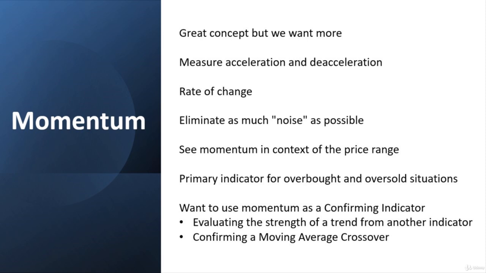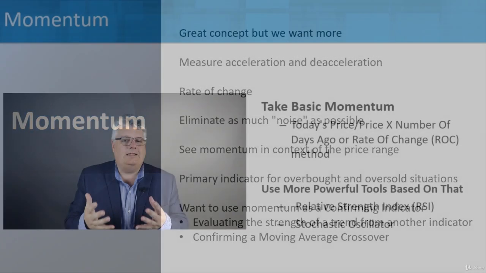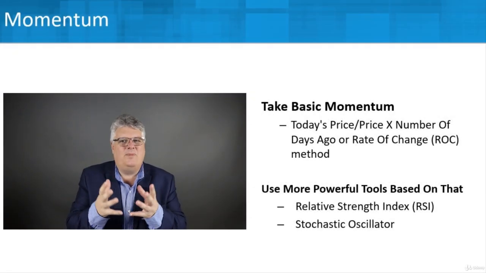You could say, I think there's a trend here, I'm seeing a price crossover. I want to confirm that with a momentum indicator, to see if this is also saying that we might have a good opportunity to buy or sell by looking at that price change, acceleration and deacceleration. So that's the basic math concept of momentum and what it does, measuring that rate of change.